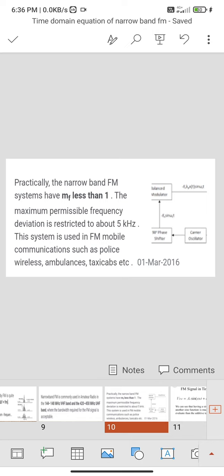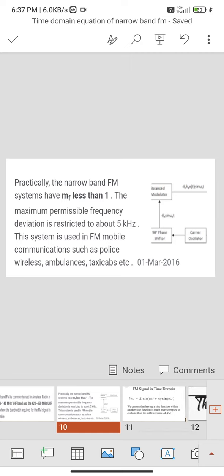This system is used in FM mobile communications such as police, wireless, ambulance, taxi cabs, etc.